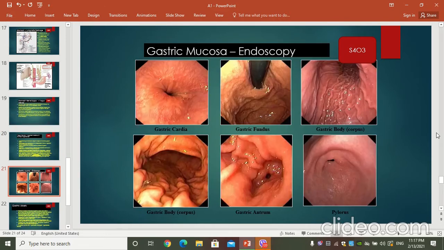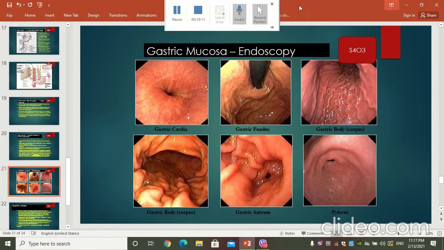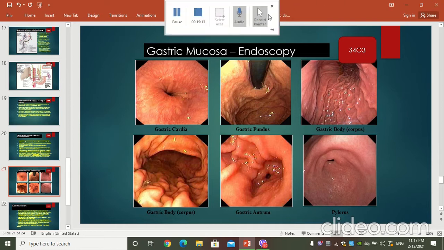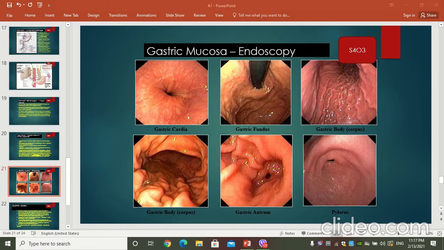These are pictures through endoscopy, or gastroscopy, showing the inner part of the stomach. Of course, you can see here the gastric cardia. This is the cardia. Here is the gastric fundus.